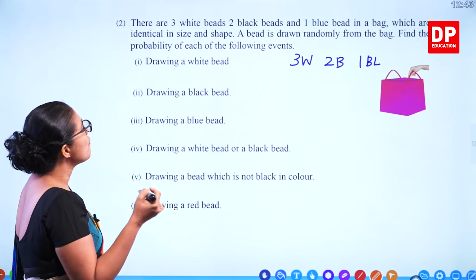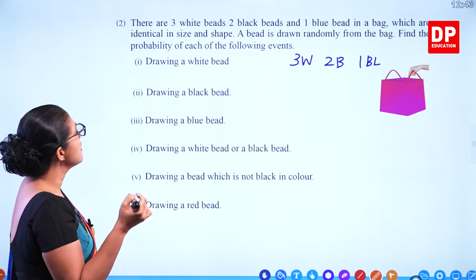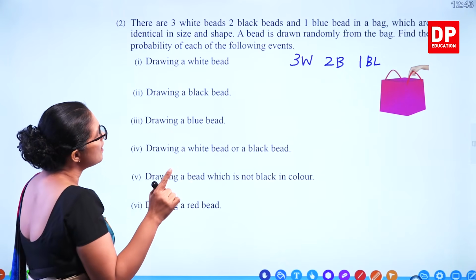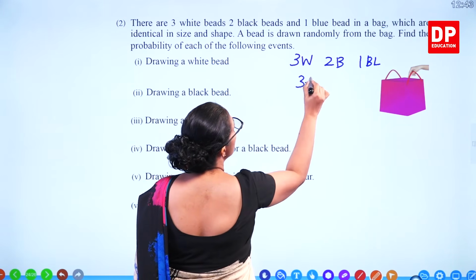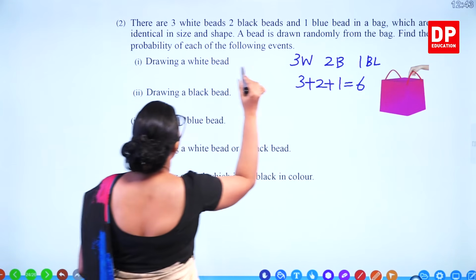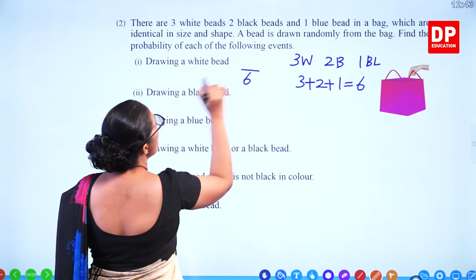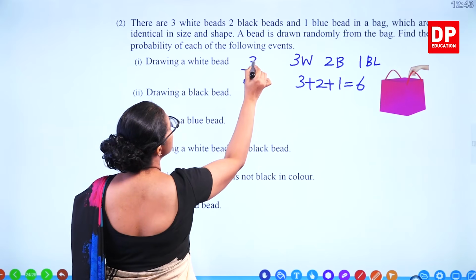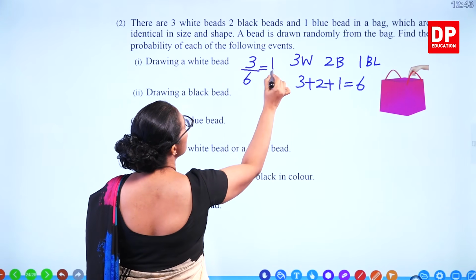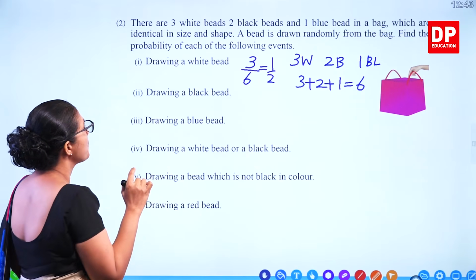Find the probability of each of the following events. Drawing a white bead. Altogether how many? 3 plus 2 plus 1, 6. Out of 6, how many white ones are there? That's 3. Or you can simplify and write half.